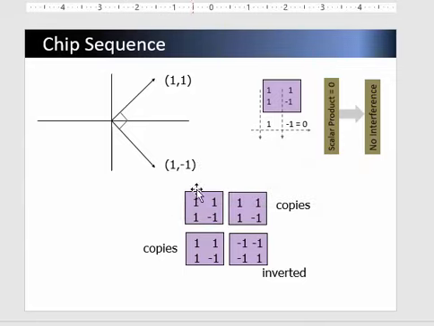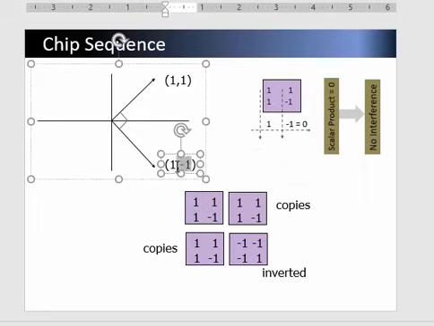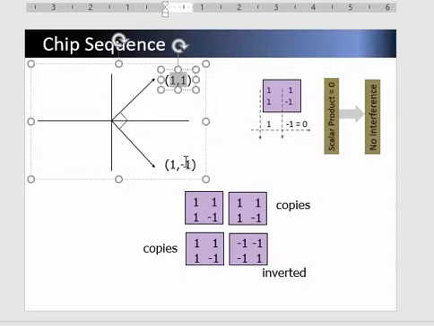If we spread one data item into 2, then we can use this. This is one chipping sequence, this is another chipping sequence. So only 2 chipping sequences are available, which means we can serve 2 senders.